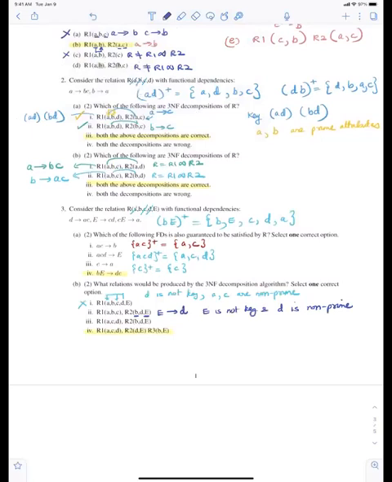Therefore, this table R2 is not in 3NF. So therefore, this option is incorrect. So you can just get that out.